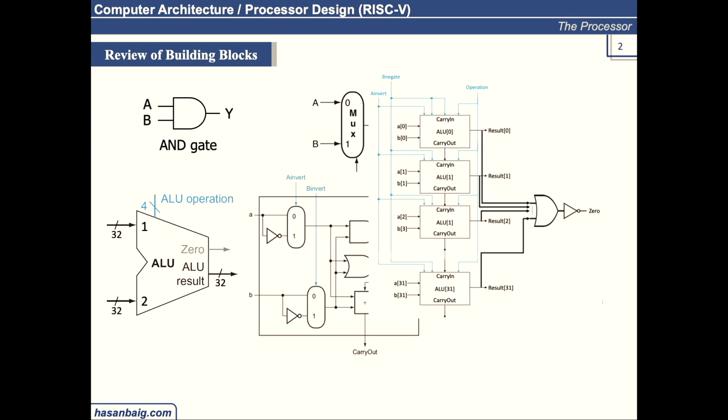By subtracting the values X1 and X2. When we subtract, if the result is 0, all the 32 bits are 0, then we convert it into a 1-bit result by passing it through the OR gate. It generates a 1-bit output, and then passing it to the invert tells whether the result is 0 or not. I will recall these diagrams again when we reach that point.